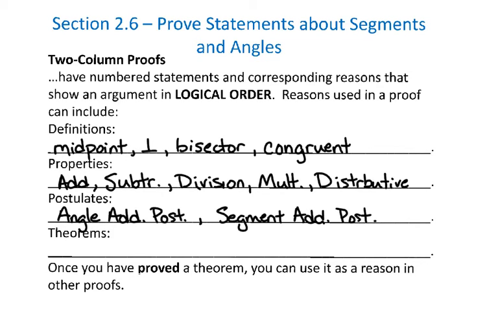And then for theorems, once you have proved a theorem, you can use it as a reason in other proofs. So once we find a theorem and we've either proved it or the book has proved it, we can use those as reasons in our proofs.